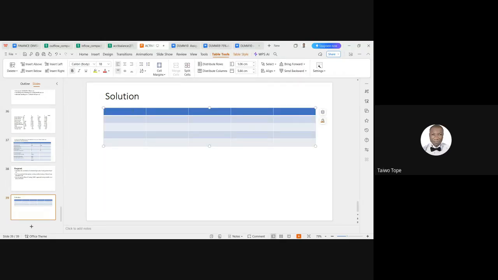So using the traditional approach, according to the question, we have to determine the direct labor hourly rates for the company.